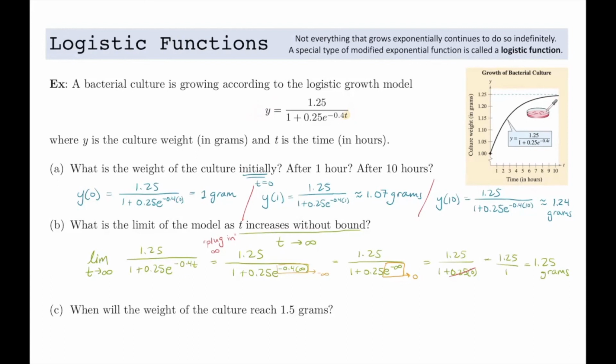We actually don't need that here though, because we know that the culture isn't going to extend beyond 1.25 grams, based on this model at least. It's impossible that this culture will reach more than that. So in this case, we could say that it never will. The limiting weight is less than 1.5 grams.